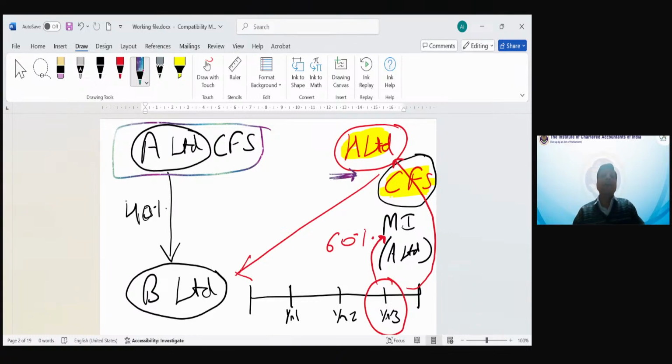But to answer your question, Hardik, as of now, if you are talking about this accounting requirement between A and B, wherein A stopped taking any loss share, so this is year 1, this is year 2, and this is year 3. At this point of time, A Limited stopped taking any interest.